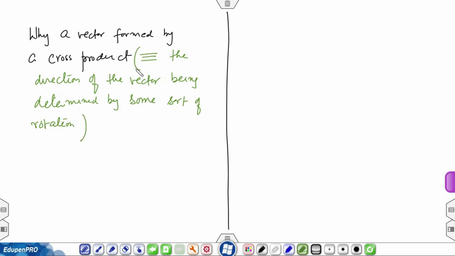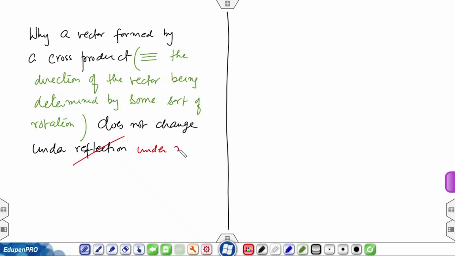That is why you turn your fingers in that direction of rotation, right. So, a vector formed by a cross product, which is equivalent to the direction of the vector being determined by some sort of rotation, does not change under reflection. I said under reflection, I am cheating. I will cut this and say under inversion.